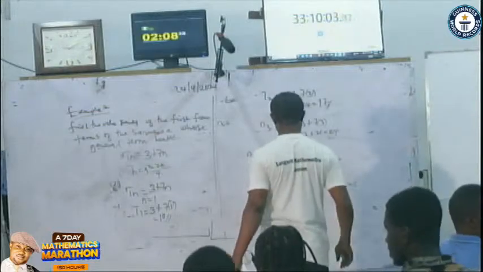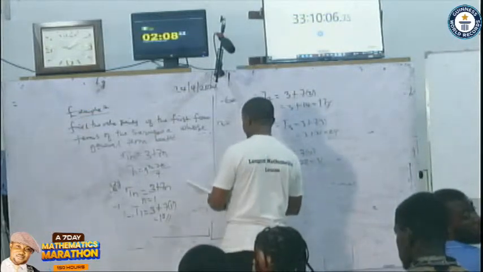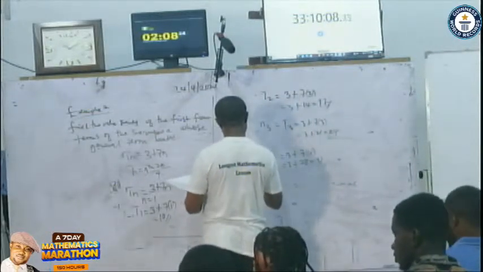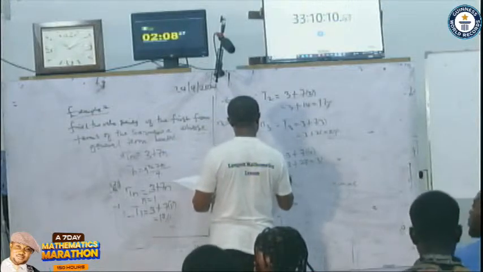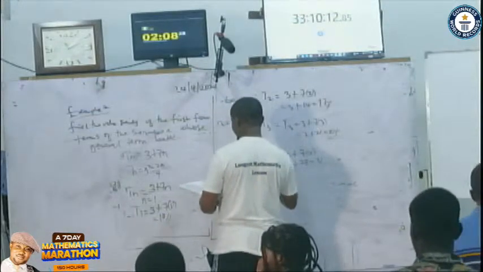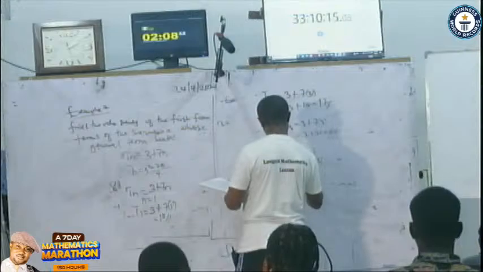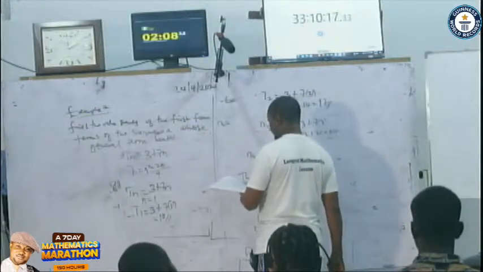So you can now bring out the first 4 terms. The first 4 terms are 10, 17.